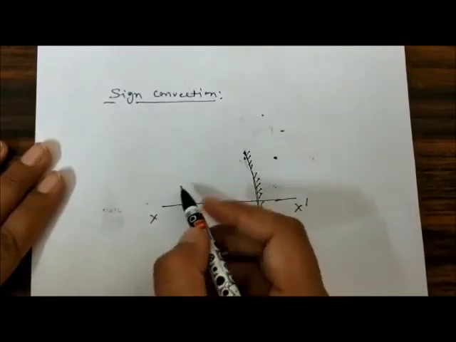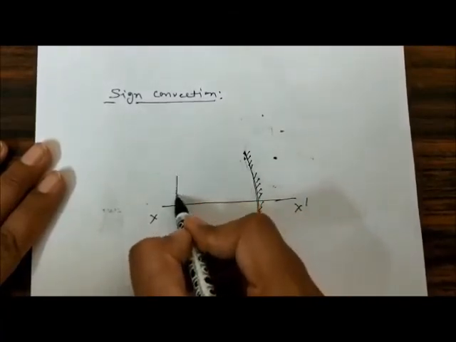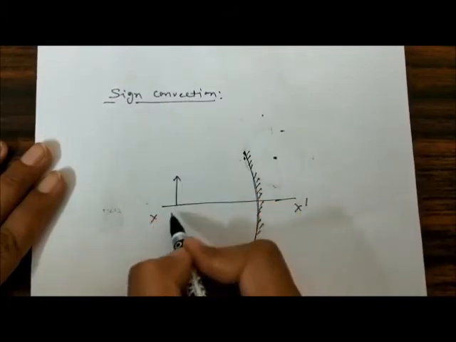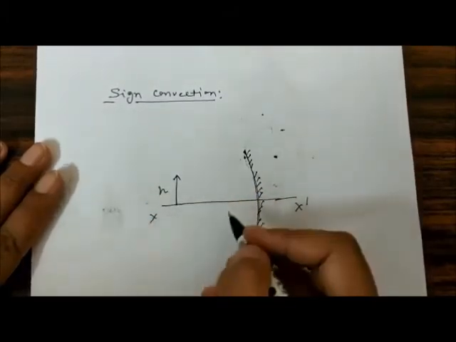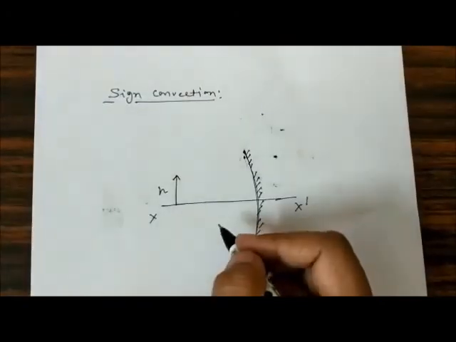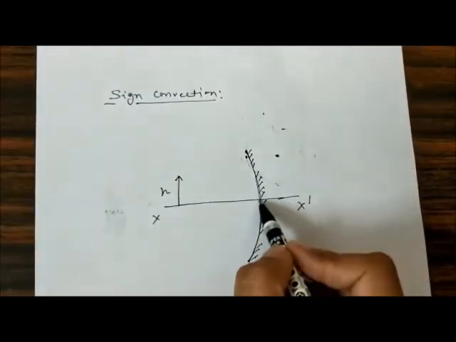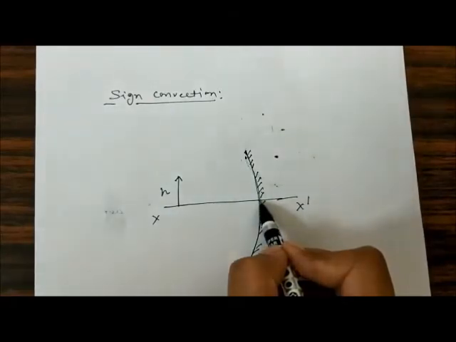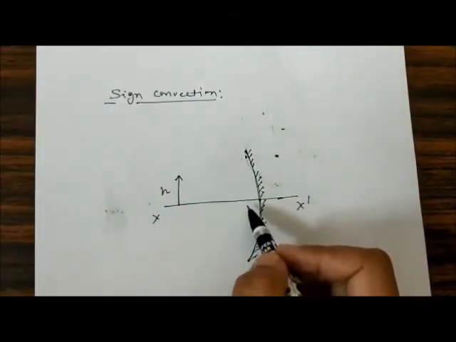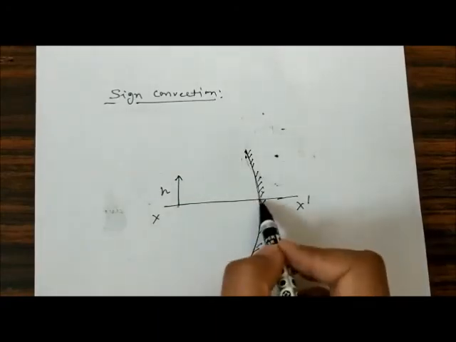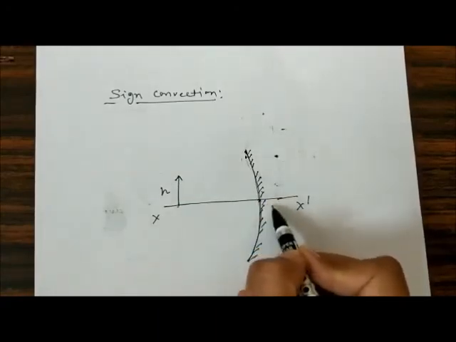The object will always be placed at the left side of the mirror, and the height of the object will be h. All the distances parallel to the principal axis are measured from the pole.